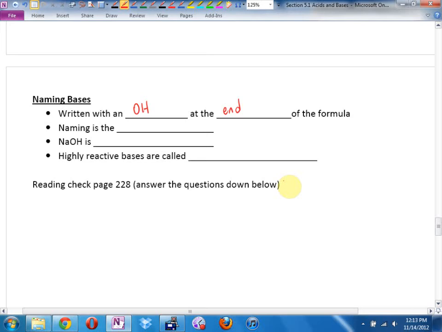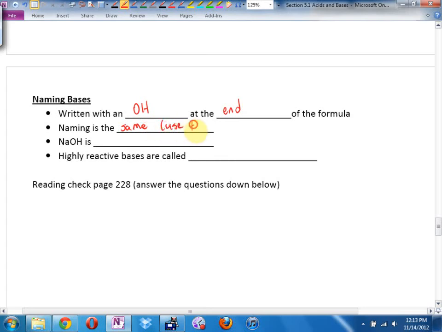What is OH? That's also on the back of your pink sheet. It's a polyatomic ion. Hydroxide. In fact, it's the polyatomic ion hydroxide that makes things into bases, for the basic ones. No pun intended. Otherwise, the naming is the same as before.